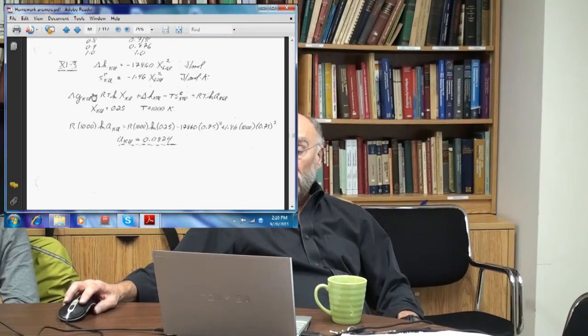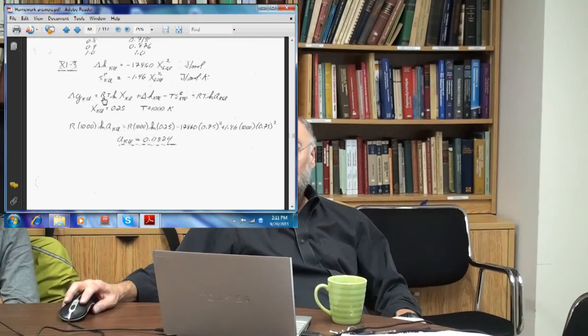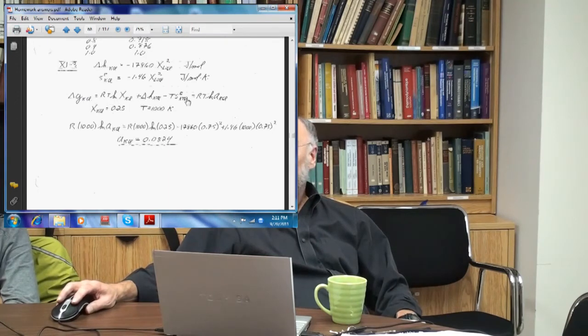Okay, and the delta G of KCl is the ideal, delta G partial ideal. The ideal partial Gibbs energy is RT log X, and the GXS is delta H minus TSXS. So delta G partial is delta G ideal, plus these two terms together are G excess. And G excess is delta H excess, or delta H partial minus TS excess partial.